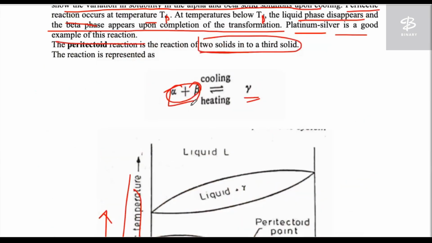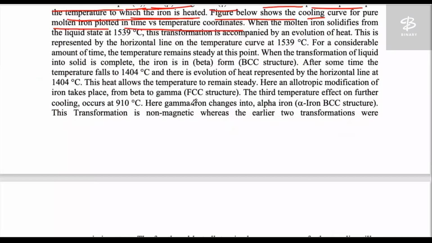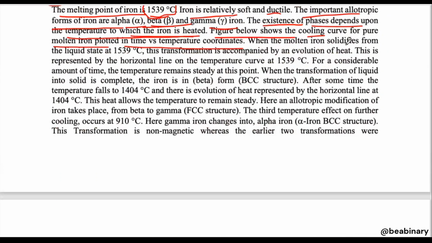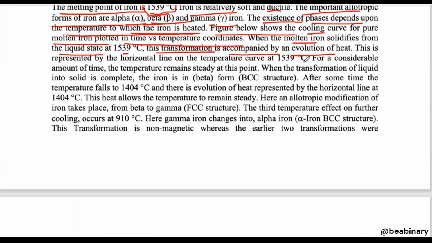Now when molten iron solidifies from the liquid state at 1539 degrees C, this transformation is accompanied by an evolution of heat, right? Obviously, if you are making them cool, then heat would be released from the system.